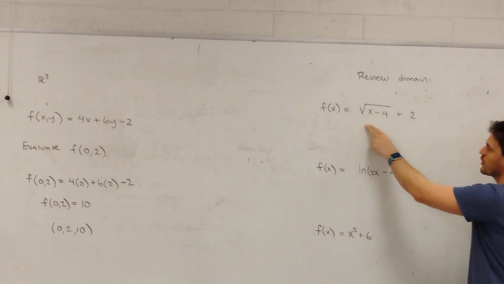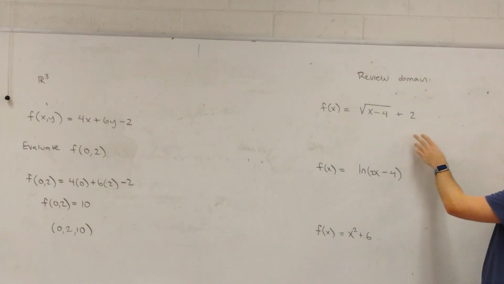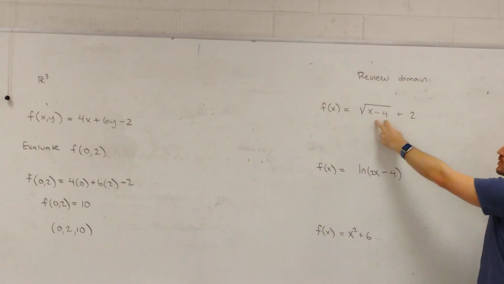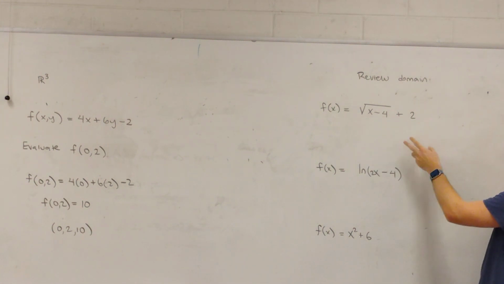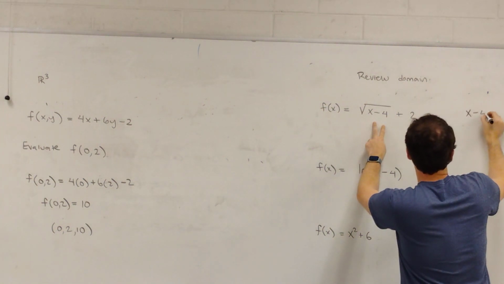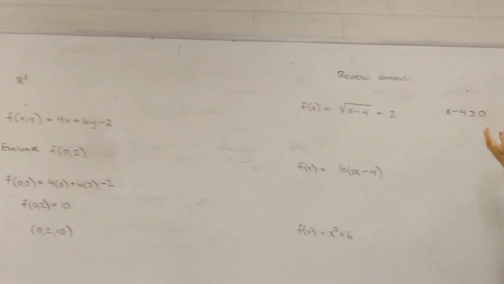If you have a square root, you just think through it for a second and you can't have a negative under a square root. Can't you have 0 under a square root? Yeah. So if you get the square root, it means that everything underneath the square root has to be greater than or equal to 0.